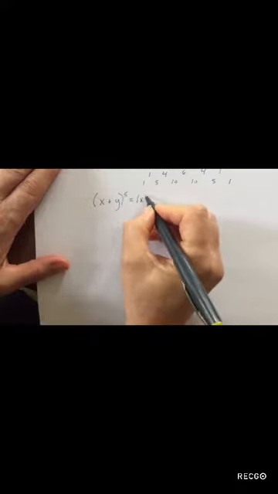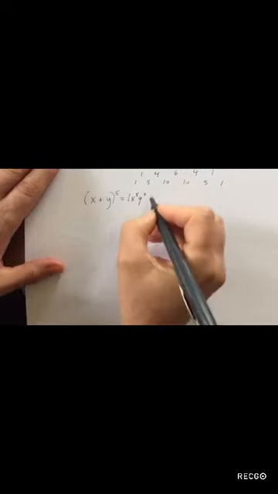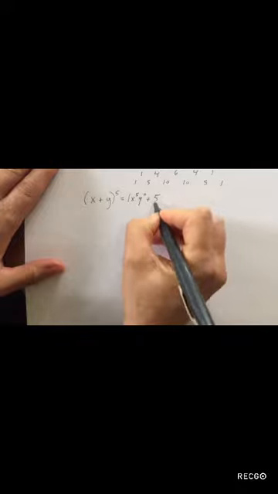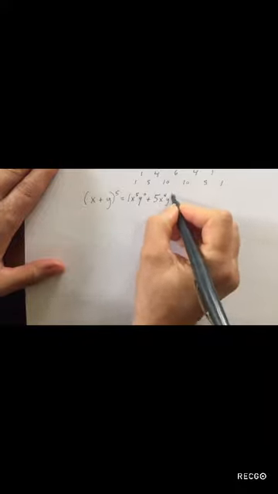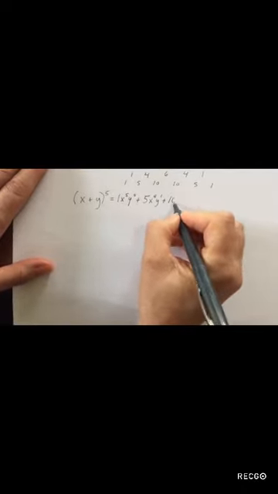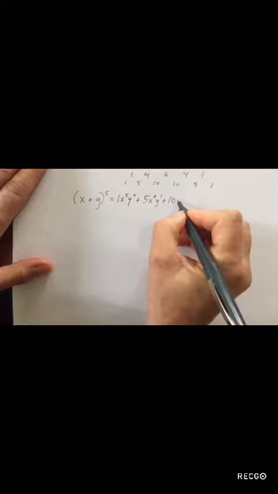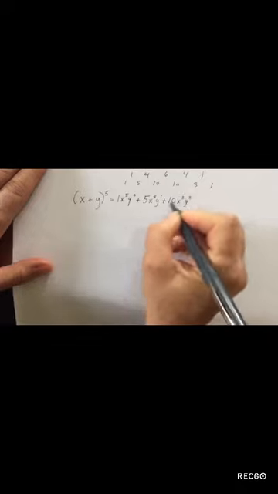So you have 1x to the fifth, y to the 0. The next one is going to be 5, and it's going to be x to the fourth, y to the 1. The sum of the powers is still 5 though. Then 10, x cubed y squared.